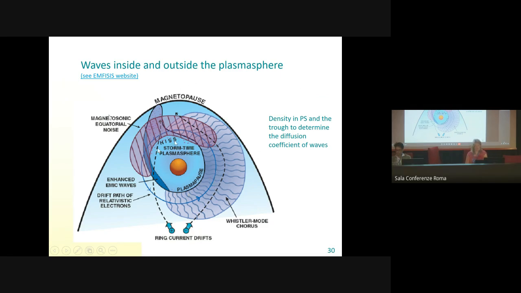The main waves inside the plasmasphere are the hiss waves, plasmaspheric hiss, that can exist also in the plume, and this plume can be connected to the magnetopause. So this is an important cause of loss of particles, for instance. Then outside the plasmasphere, where the density is much lower, you have the Whistler mode chorus waves, especially on the night side here.